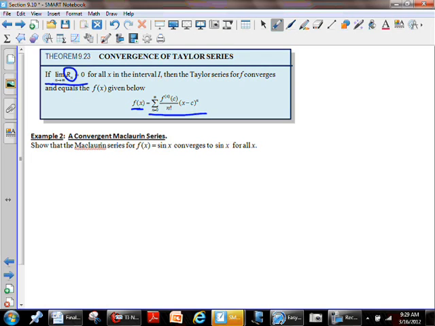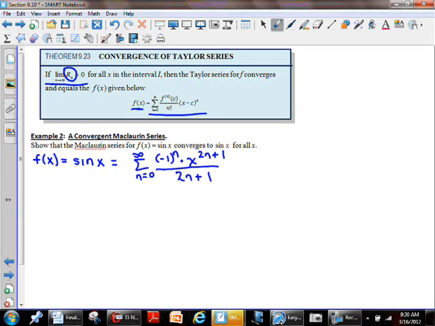For number 2, we've got our function f of x equals sine of x. If we recall, we developed a power series for this, the Maclaurin summation expression. I believe it looked something like this: the summation as n goes from 0 to infinity of -1 to the n times x to the 2n plus 1 all over 2n plus 1.